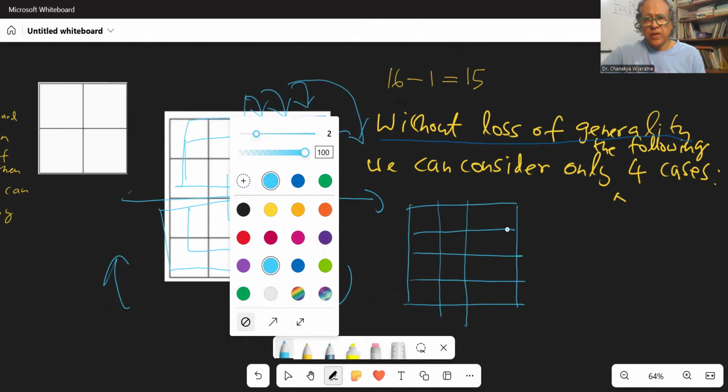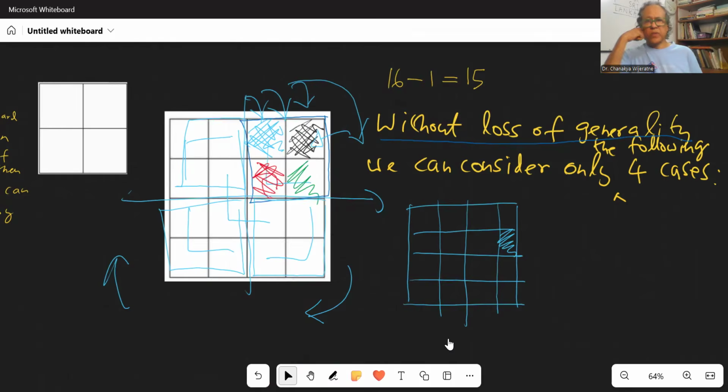So here is a 4 by 4, and I will remove this square. Can we tile it? Of course we can. So like this, and like this, like this, like this, like this.